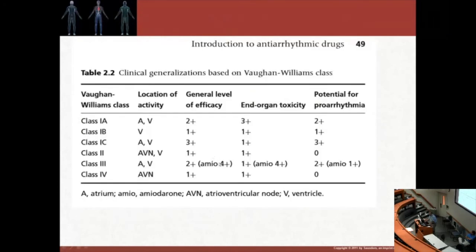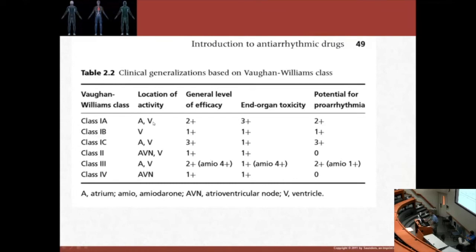There's a couple of generalities that you can look at. If you look at the Vaughan-Williams classification and the different physiologic outcomes, all of these different drugs are rated differently, and this is where the ambiguity exists. The class 1A agents have physiologic effects on both the atrial muscle as well as the ventricular muscle.